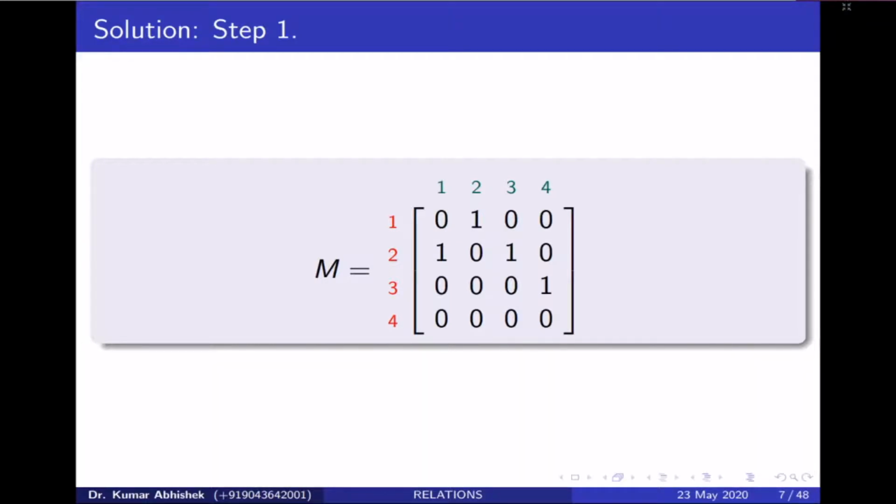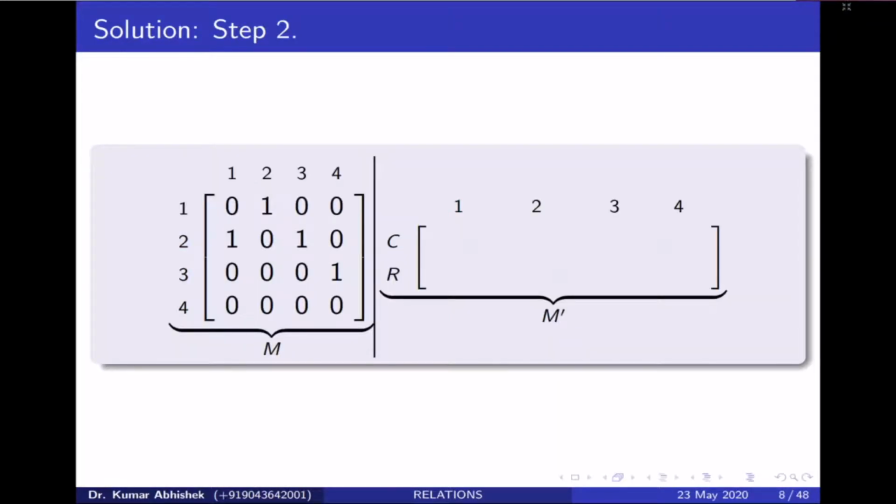Now going on to step 2, we define the matrix M and matrix M dash. So the only problem here is that we have to fill the entries of M dash. The tweaking we will be doing here is, instead of filling all the entries along the first row at one time, and then all the entries of the second row, we will be filling the entries along the columns.